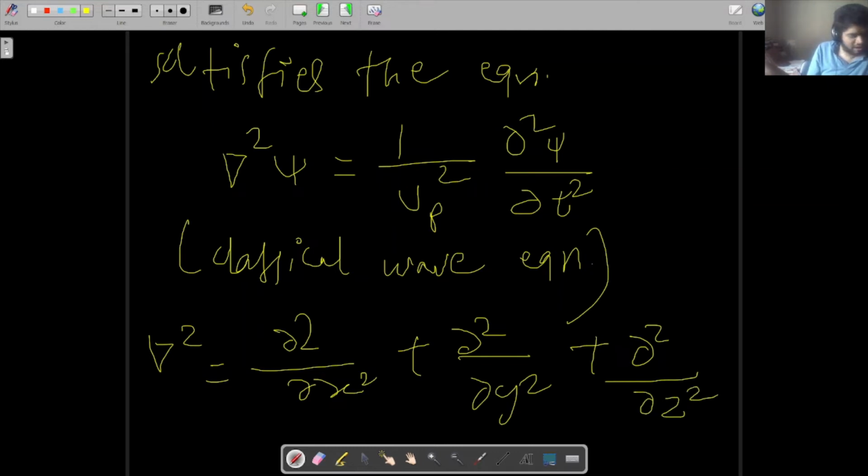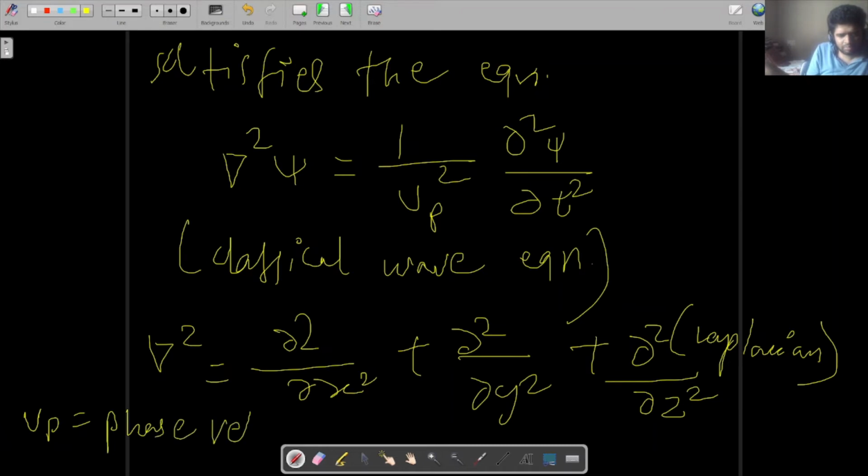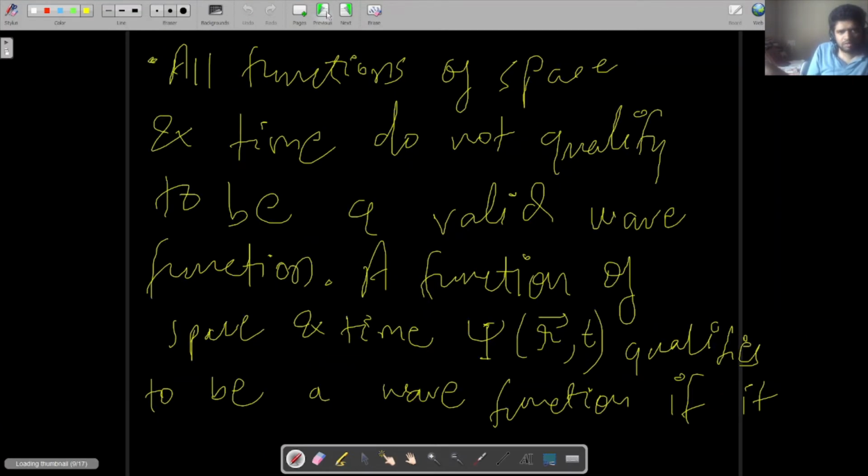This is basically the Laplacian, and vp is the phase velocity of the wave. Now let me explain this.